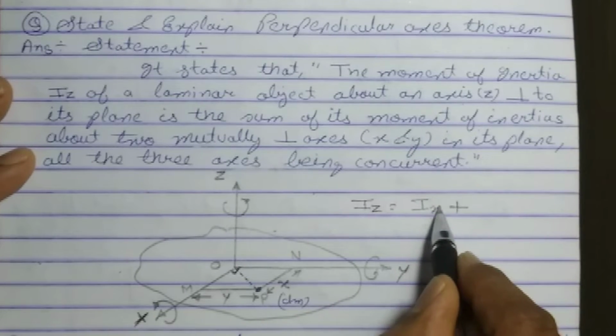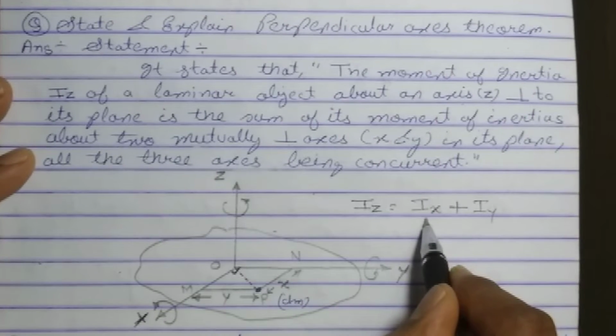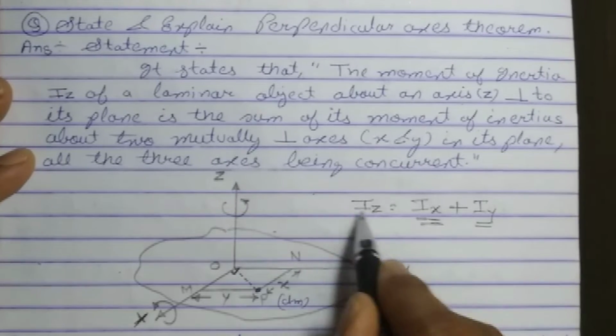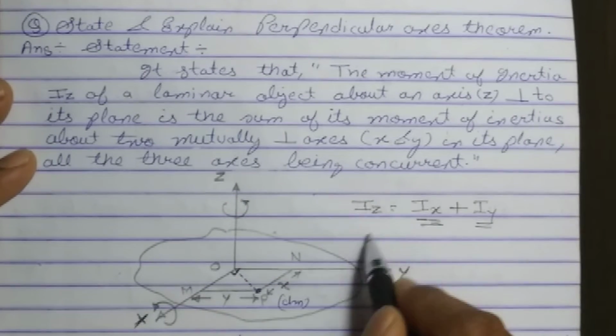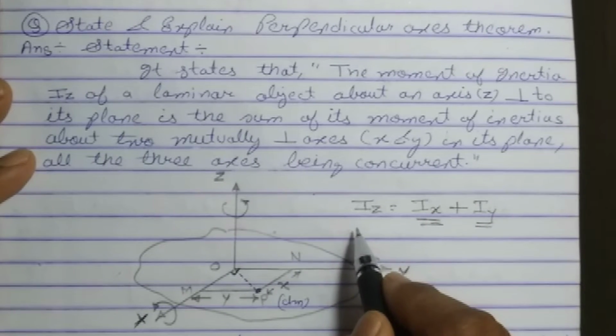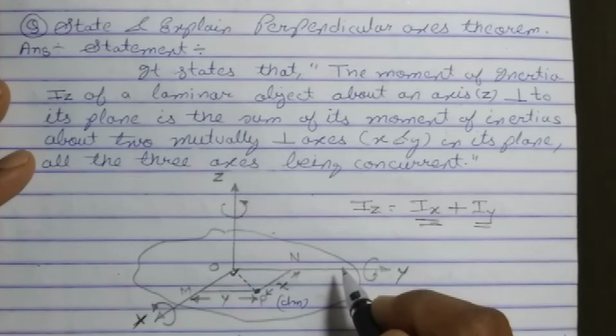Here, the x-axis and y-axis. The moment of inertia about the x-axis plus the moment of inertia about the y-axis will give us the moment of inertia of the same body, same lamina, about the z-axis, which is perpendicular to its plane. Students, hope you understood the statement.